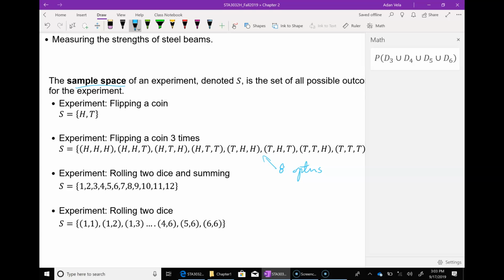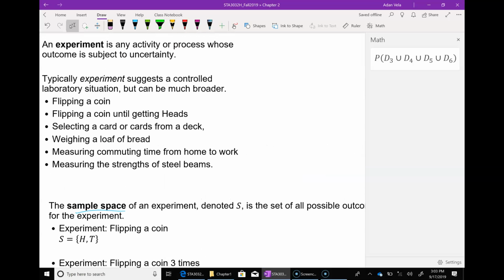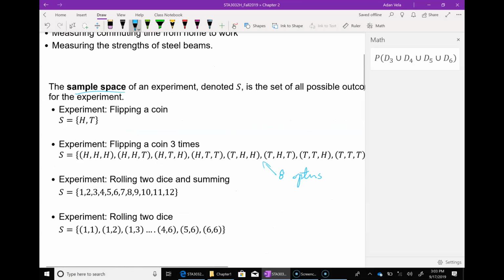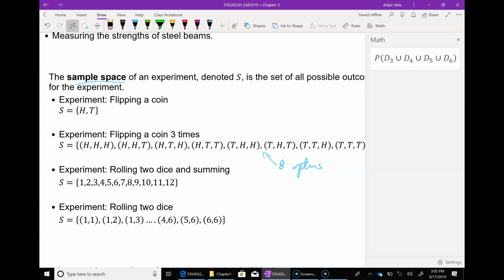We can talk about rolling 2 dice and adding them up. We can talk about rolling 2 dice and keeping these values separate. The other interesting one that I always like is flipping a coin until we get heads. Because if you look at these sample spaces, they have one unique trait.